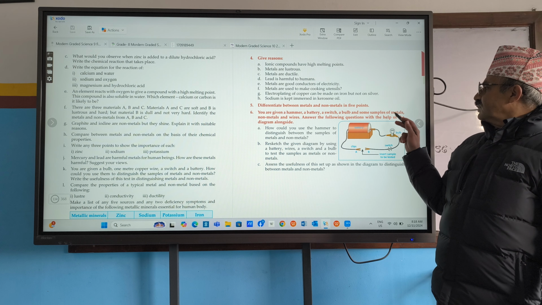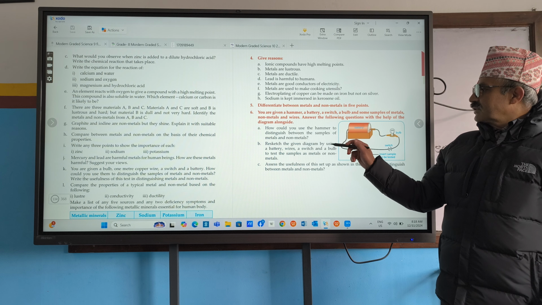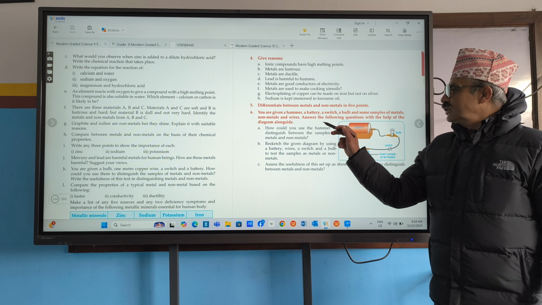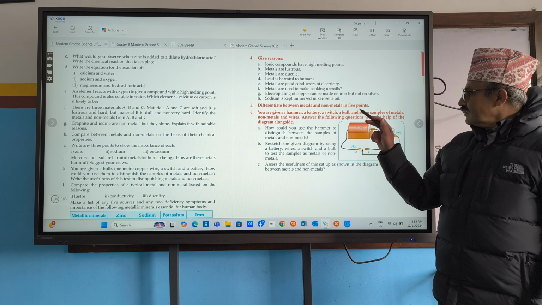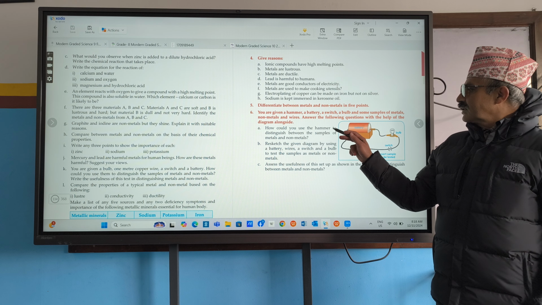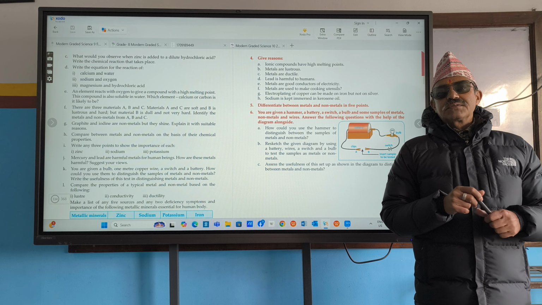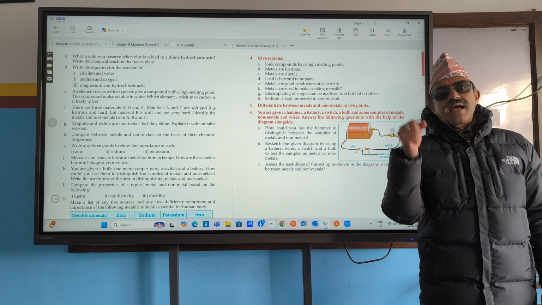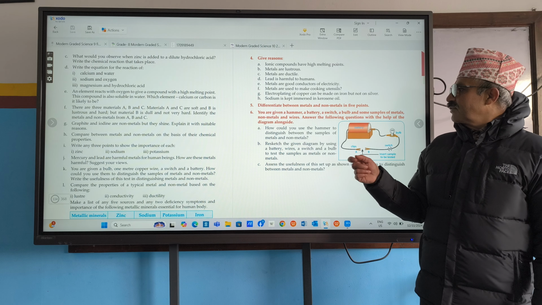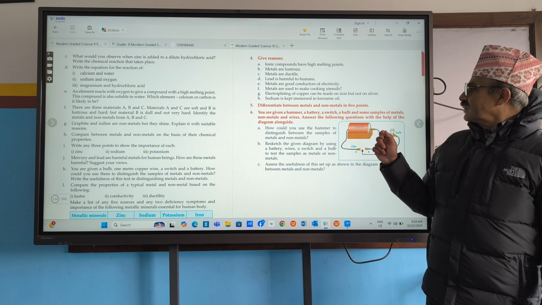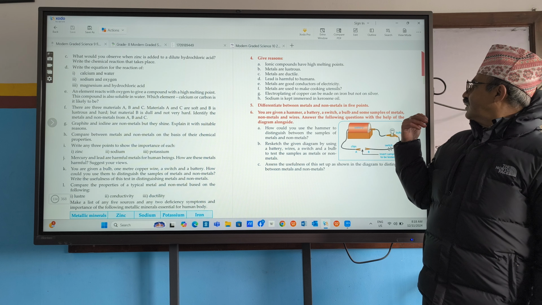Answer the following question with the help of the diagram alongside. How could you use the hammer to distinguish between the samples of metals and non-metals? How can the hammer help you to identify whether it is metal or non-metal?